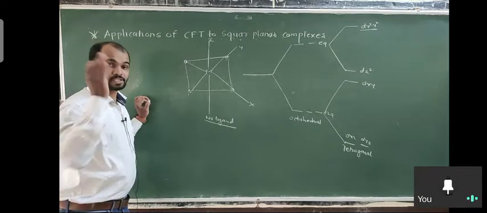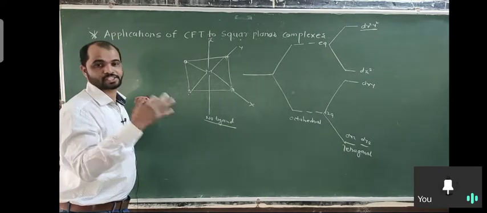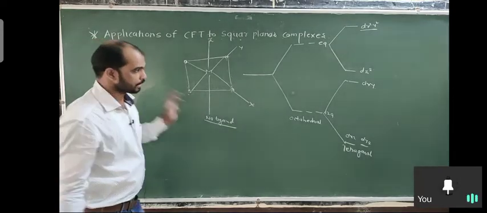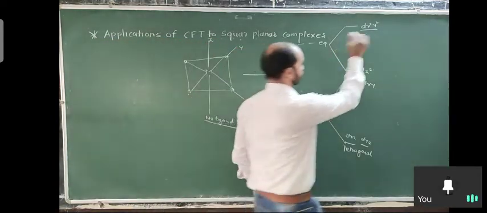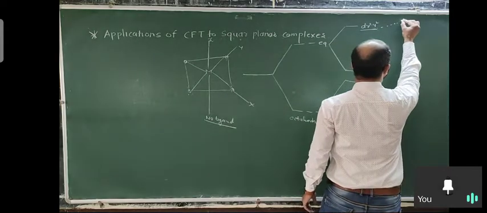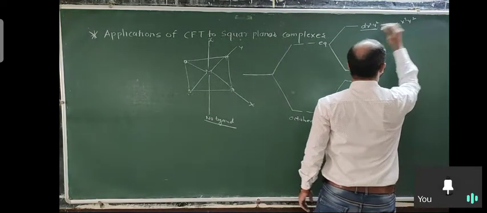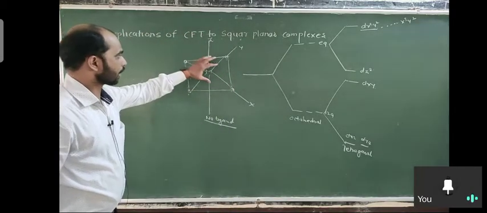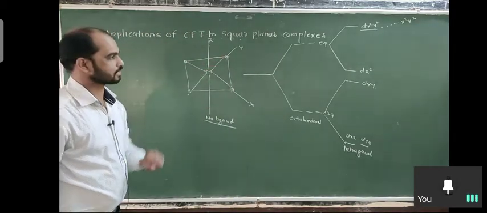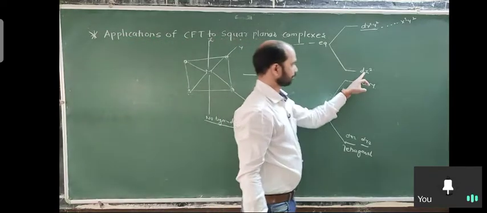That means the z orbital removes its degeneracy differently. When we go to the further splitting, this orbital rises in energy, dx square y square again rises in energy. Why? Because electrons are directly on the x and y axis. What about the z?